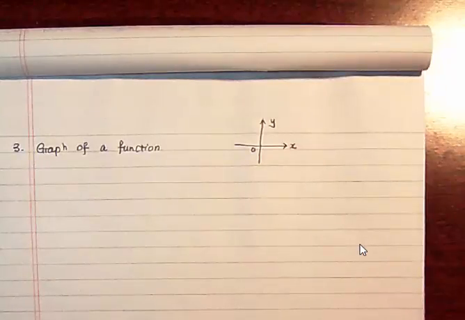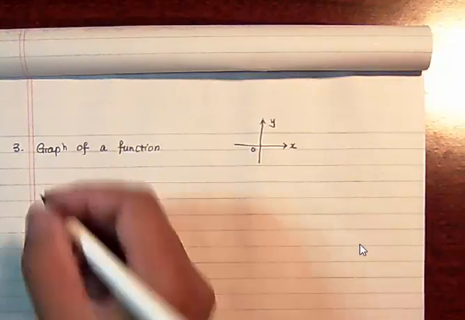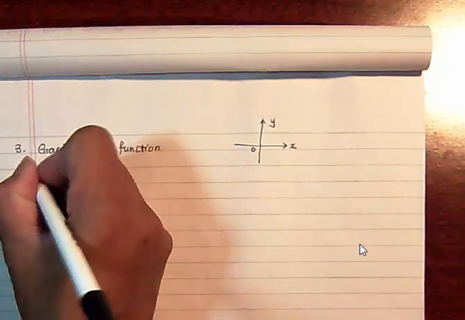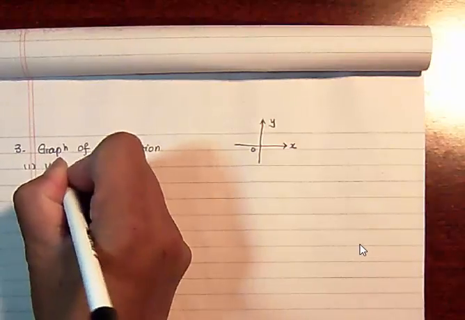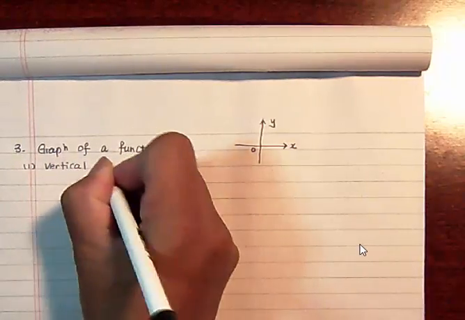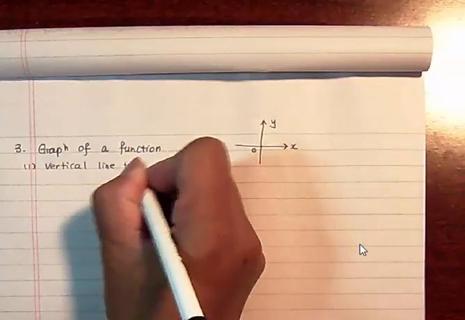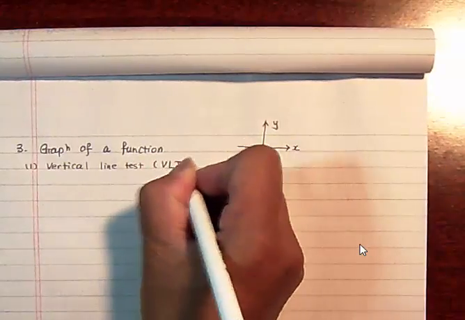So we are talking about the graph on this coordinate plane. So the first thing, let's take a look at the vertical line test. We can call that VLT.